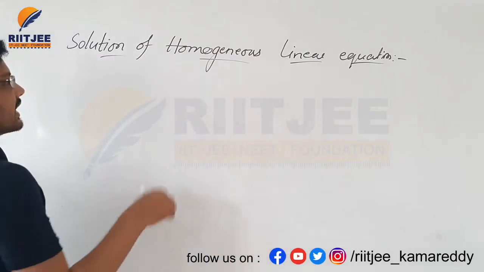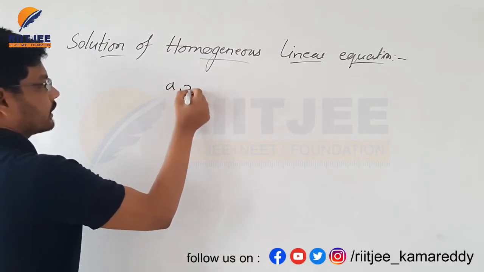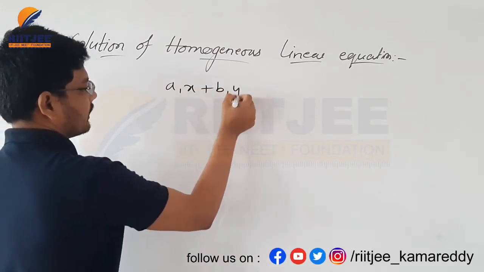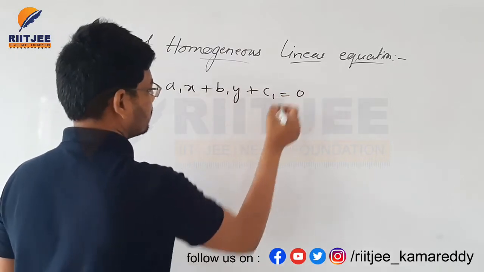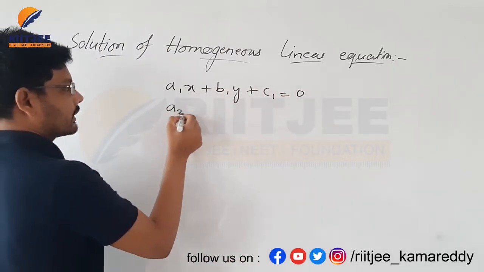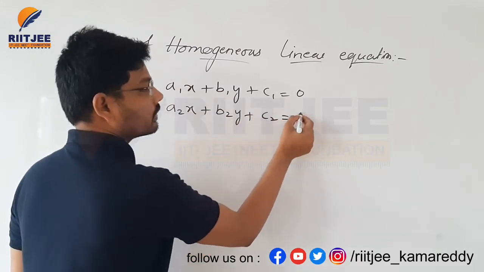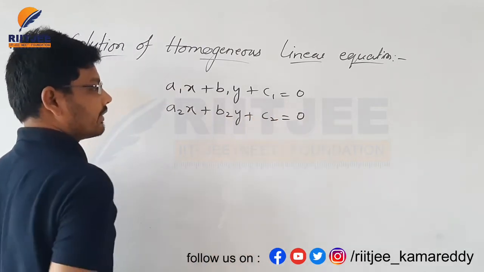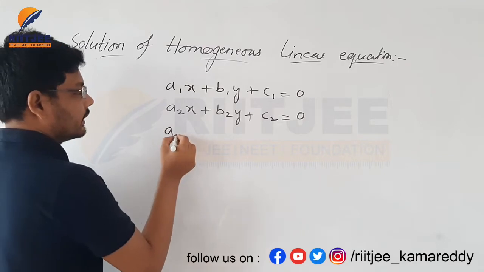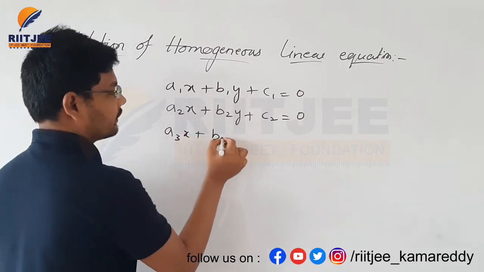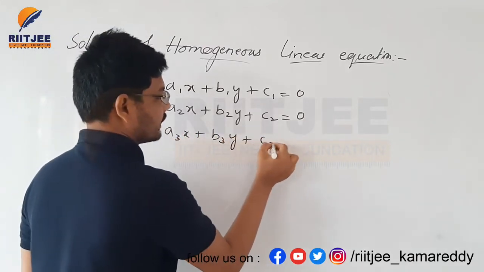I am taking an example of a1x plus b1y plus c1 is equal to 0, and a2x plus b2y plus c2 is equal to 0. Here we don't have any constants, and a3x plus b3y plus c3 is equal to 0.